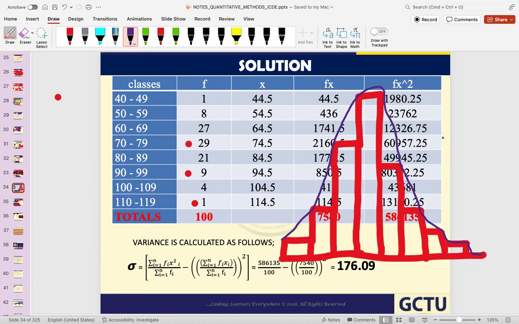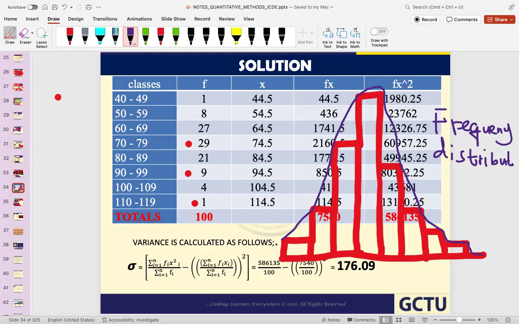This is what we call our frequency shape or our frequency distribution.